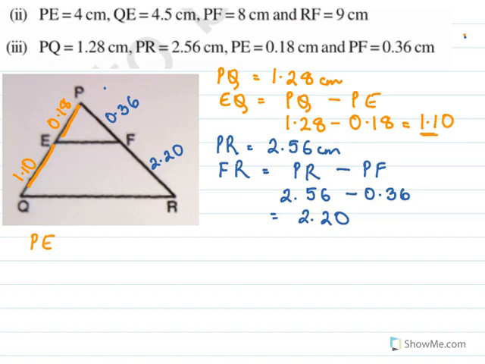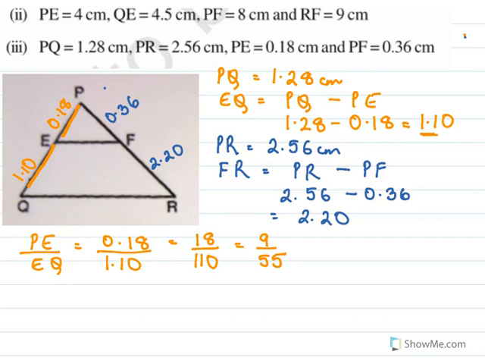So we have PE over EQ, 0.18 over 1.10. If you remove the decimals, you'll get 18 over 110. Reduce it, 9 over 55.